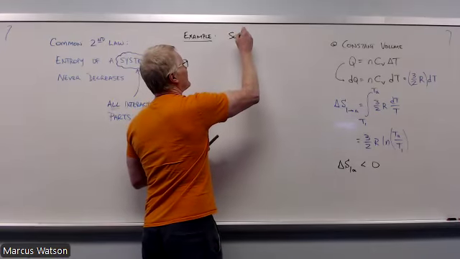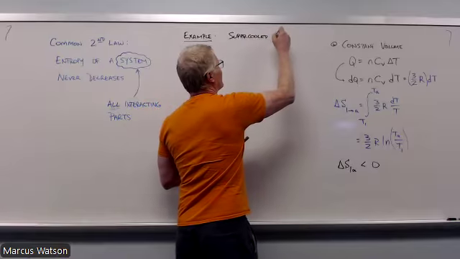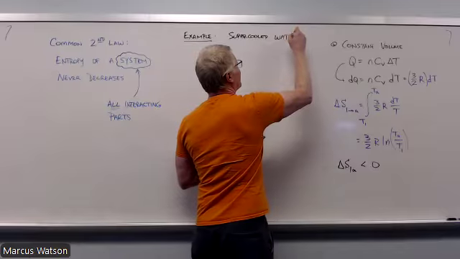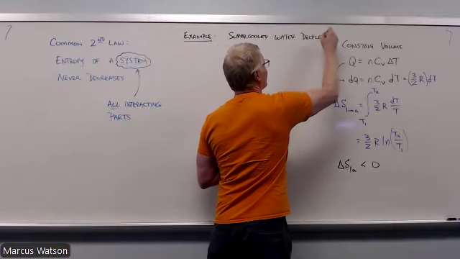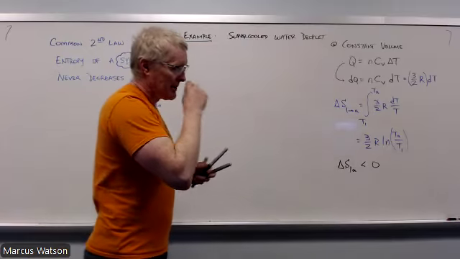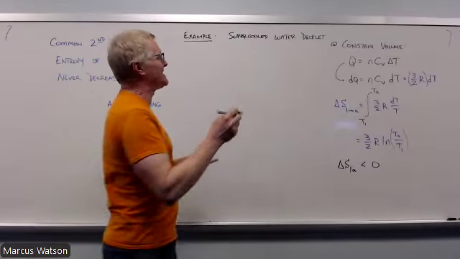I want to take a look at the entropy of a supercooled water droplet and see if we can do a few calculations. So let's make the water droplet fairly easy to deal with.